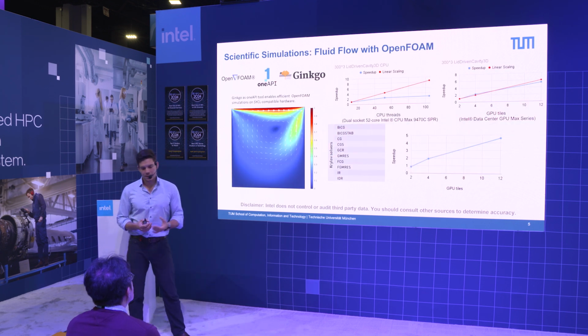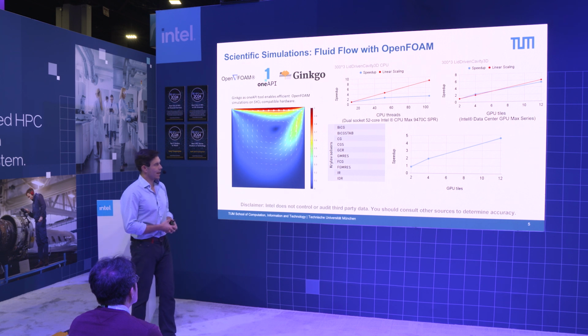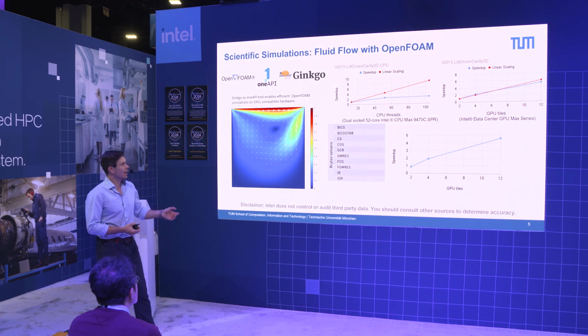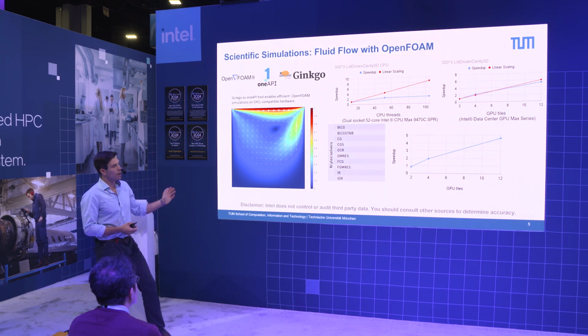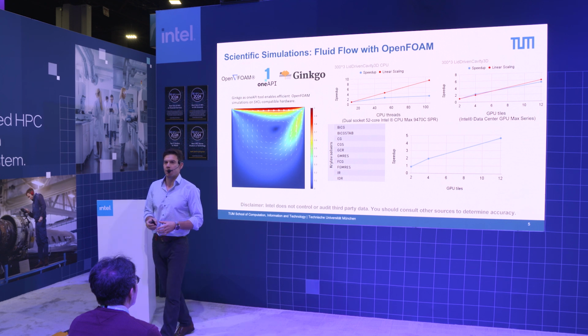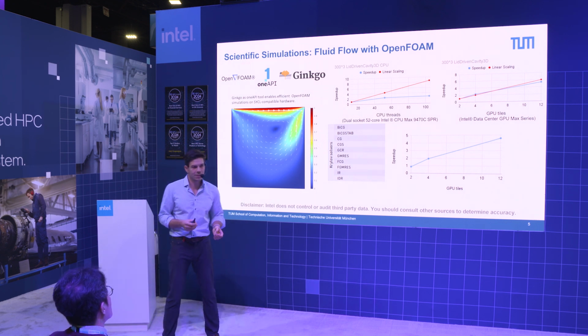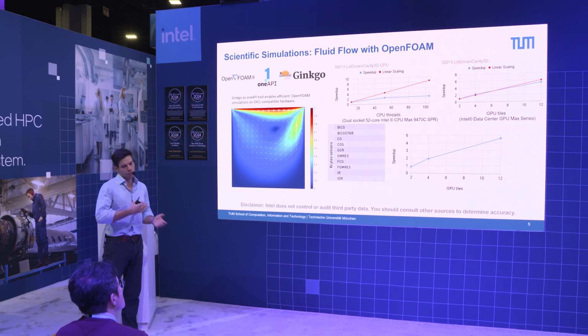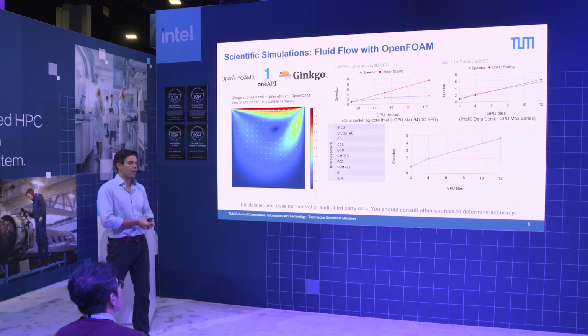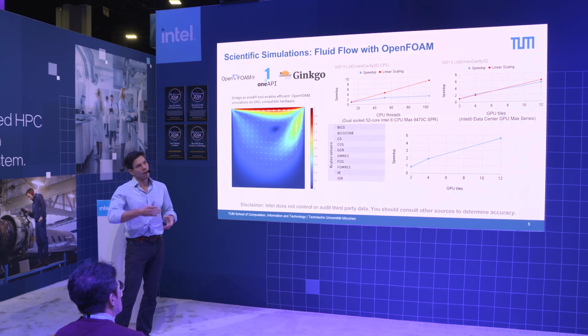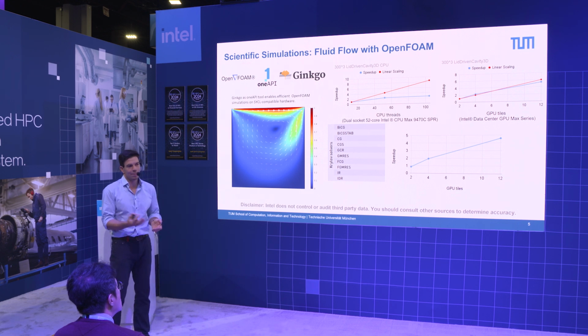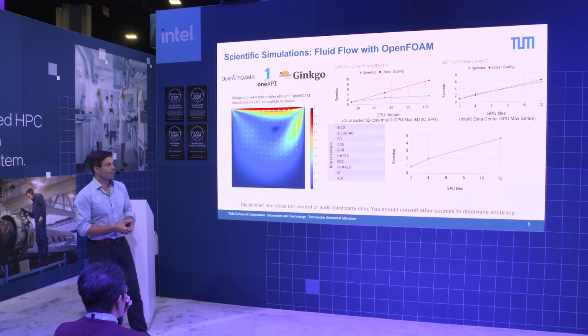How we can use this functionality for fluid flow simulations, I show here with OpenFOAM as an example. OpenFOAM is a software stack that is used a lot in industry. It's a finite volume scheme that is used to simulate all kinds of fluid flow simulations, from wind turbines over car manufacturing to spacecraft, everything can be done with OpenFOAM.